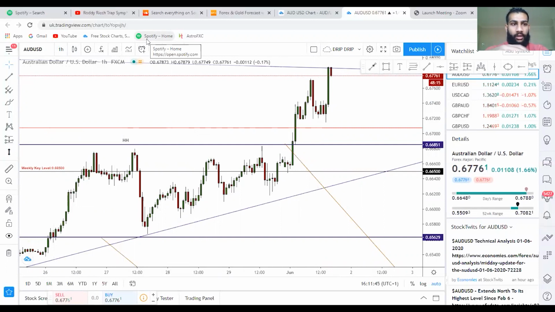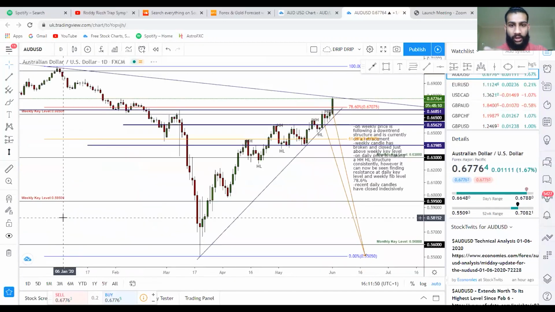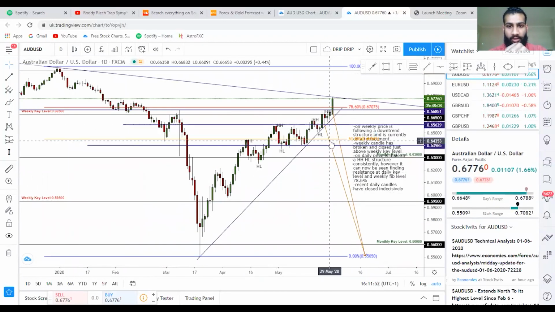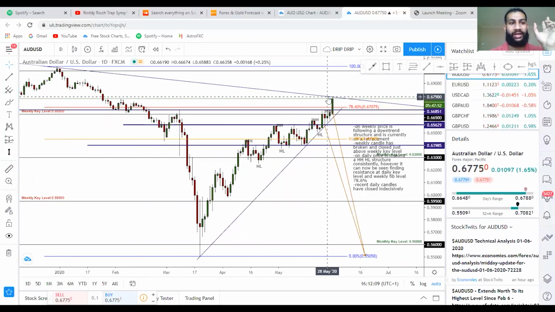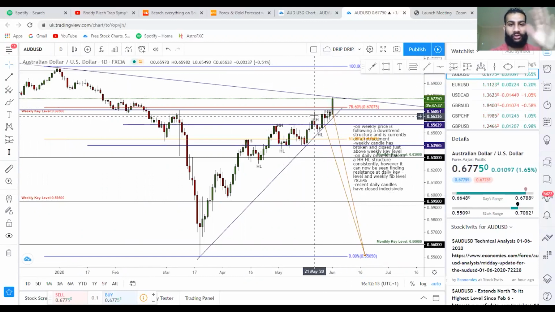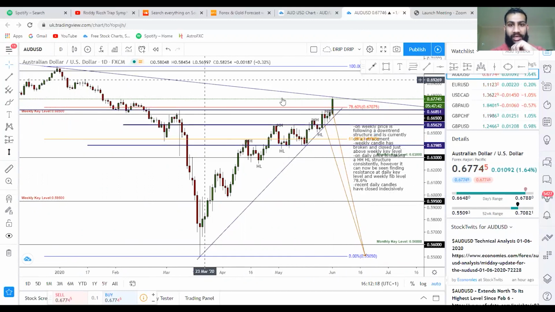Because initially, if we look at the daily timeframes, it's broken the fibs, it's invalidated the fib level, the weekly key level, the daily key level, and this was the last barrier over here until it goes up there, makes a double top potentially, and then comes down. So this is the final layer of structure before we think, okay, this is a goner, this is just going to shoot up rather than ever making a move down anytime soon. So that's that.